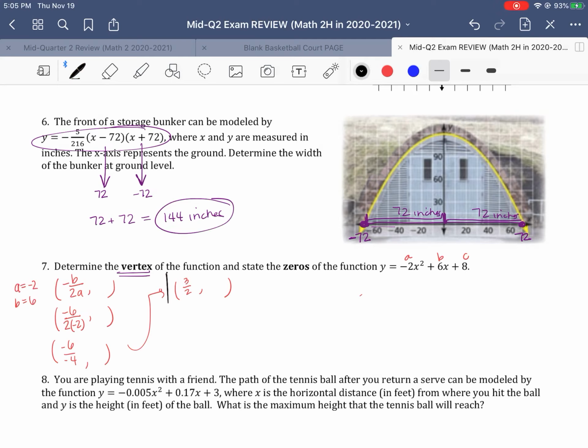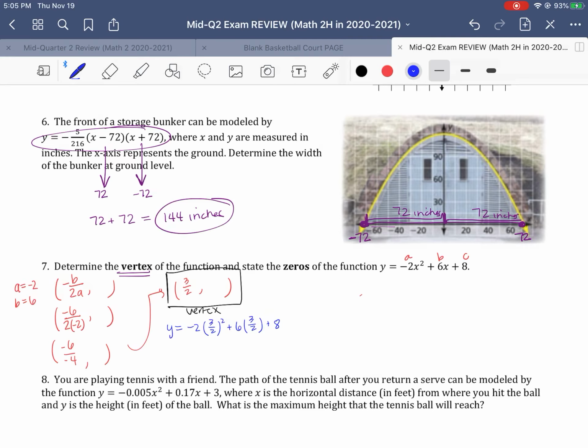Now to find the y value, this would be my vertex right here. I'll label that vertex. But I need to find the y value. So we take the original function that we're given and plug in that 3/2 that we found. If that's the x value and we want to find its y value, we just put that 3/2 in there.